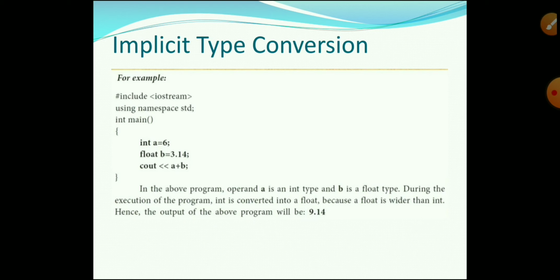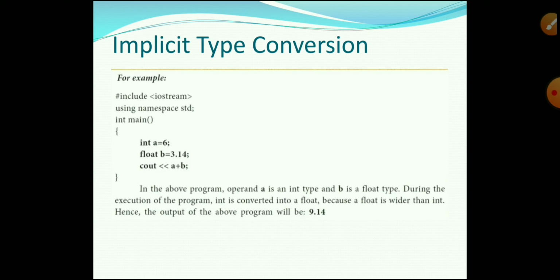In the above program, a is an int type, integer type, and b is a float type. During the execution of the program, when you execute it, the integer type is automatically converted into a float, because float is wider than the int data type.